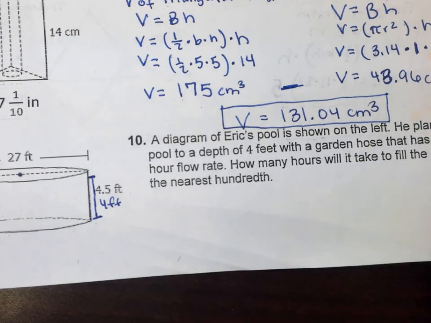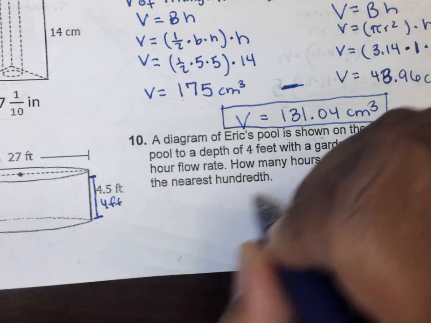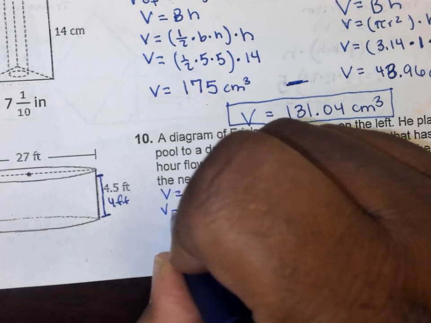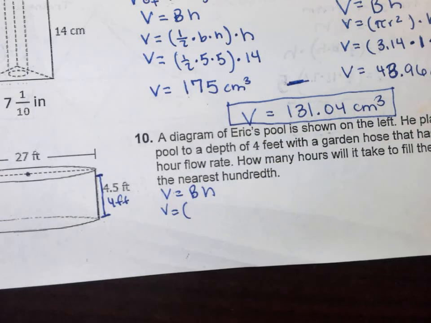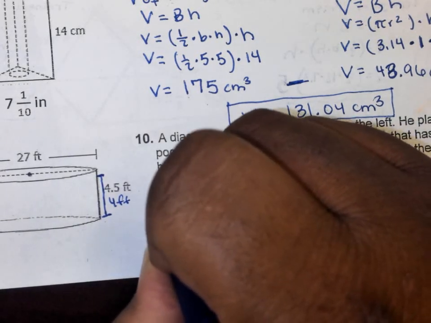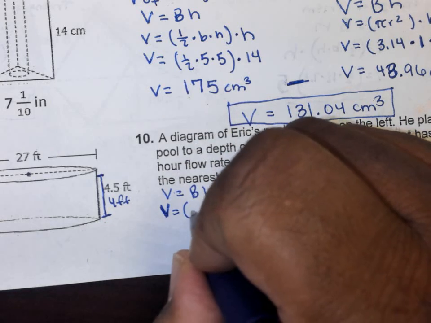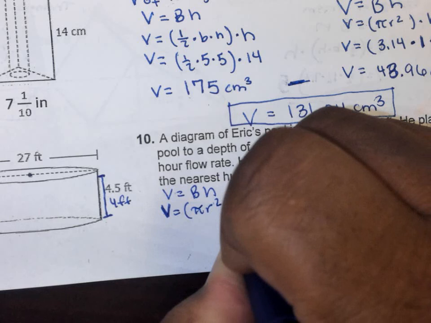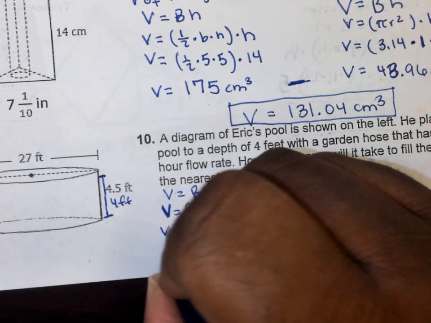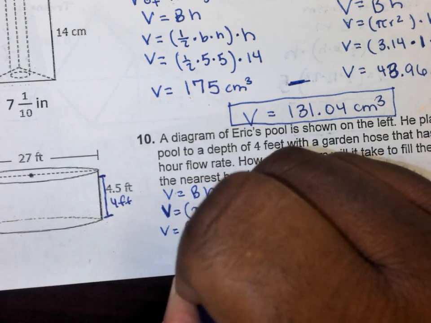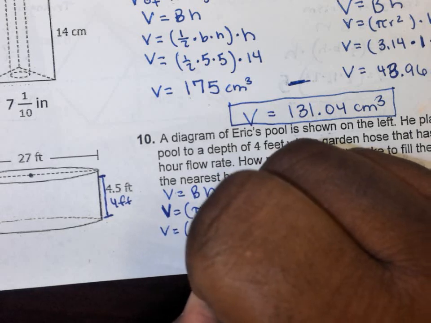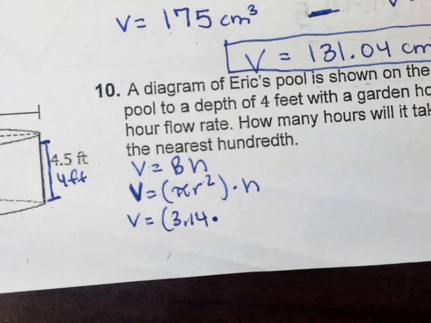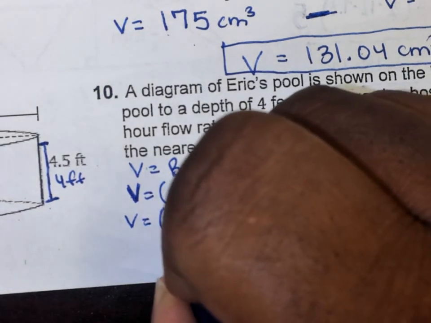It's a pool, cylindrical shape, so volume equals capital B times H. Then we change capital B to what? Pi r squared. Yeah. Times height. Alright. Now it equals 3.14 times what's our radius? My bad, let me zoom in. 13.5. Y'all should know where that comes from.